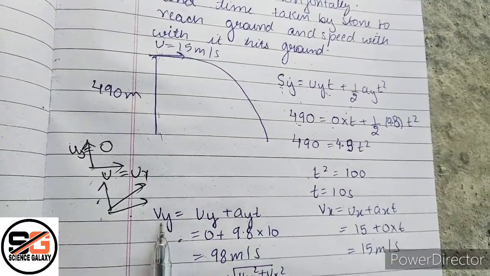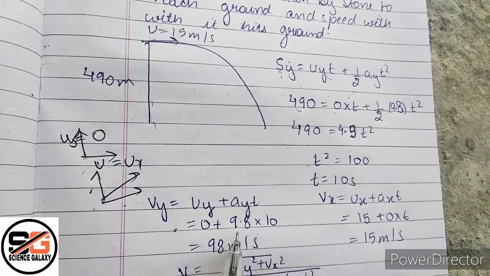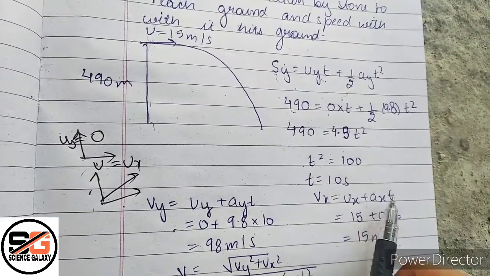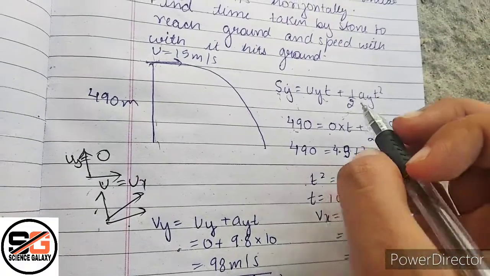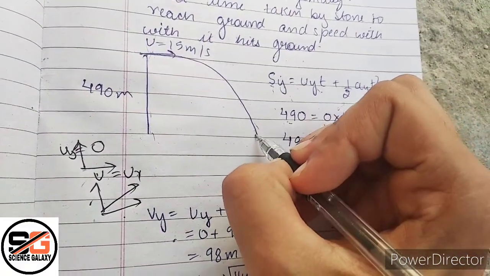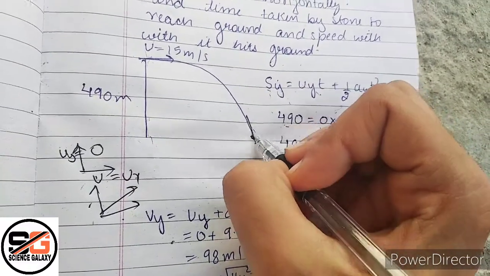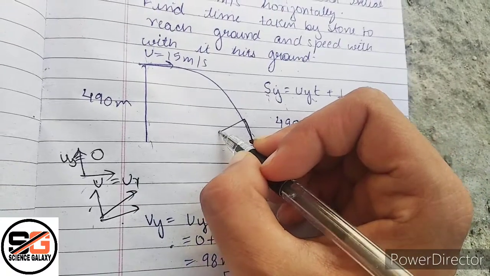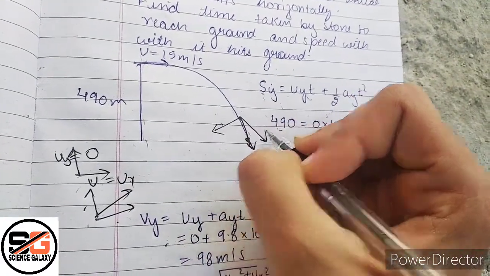Now we would use Vy is equal to uy plus ay into t, and Vx is equal to ux plus ax into t. We need to find out the speed when it hits the ground. Speed at this point, it is moving like this. It would have two components, this component and this component.